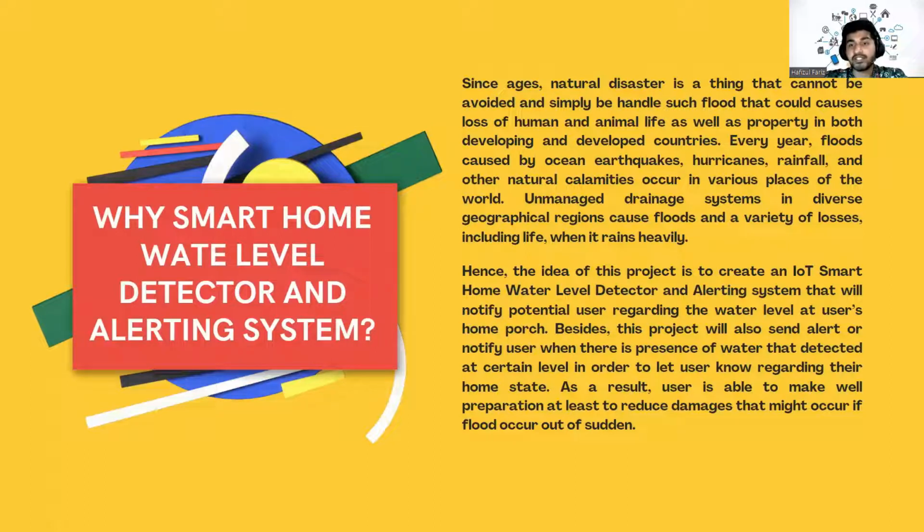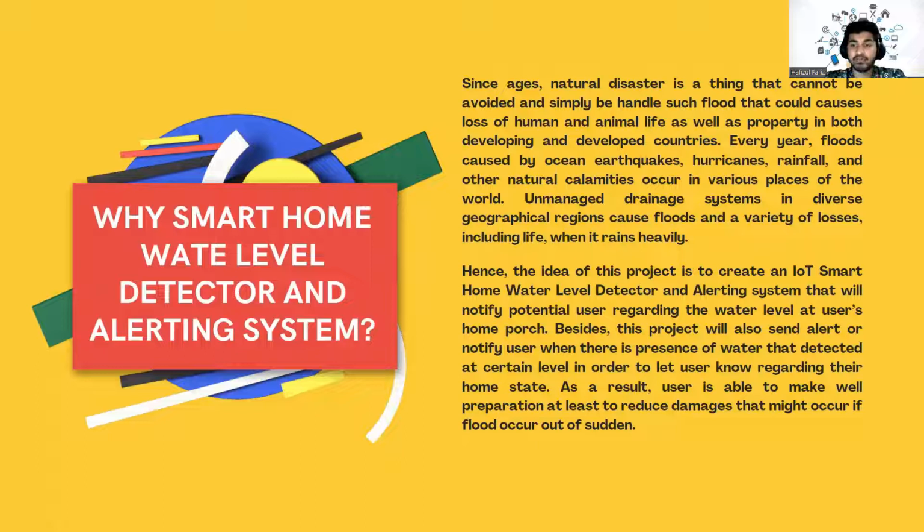Unmanaged drainage systems in diverse geographical regions cause floods in a variety of losses, including life, when it has rained heavily. So, the idea of this project is to create an IoT smart home water level detector and alerting system that will notify potential user regarding the water level at user's home porch.